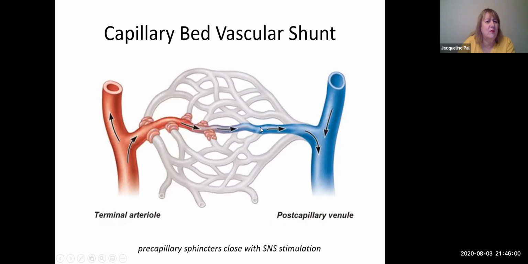Not really important, you know that thoroughfare channel, but basically it just cuts across and it does what we call a shunt. Because there's only one blood vessel, we cannot offload nearly the amount of oxygen and nutrients as we normally would with a capillary bed. Basically we are just taking blood from the arterial side and dumping it on the venous side and only minimally changing it. So it's kind of like we're just shunting it across without it being able to do its work. So that's not a good thing for that tissue.